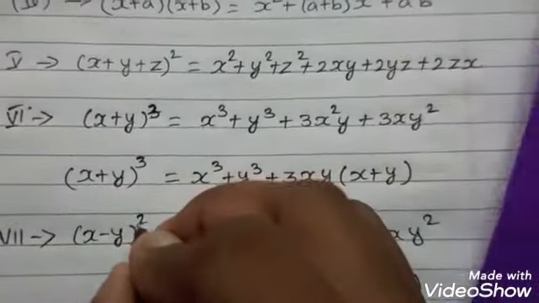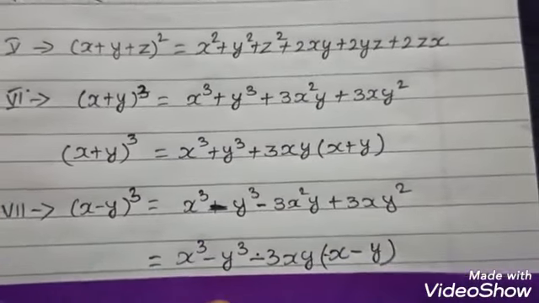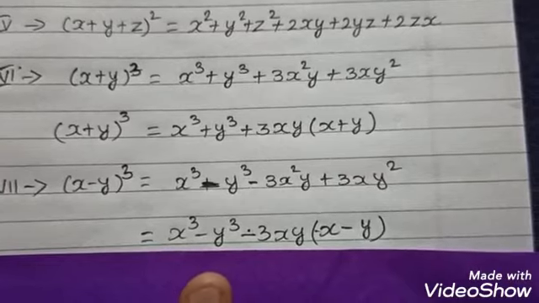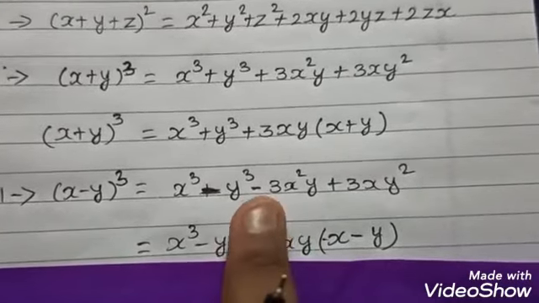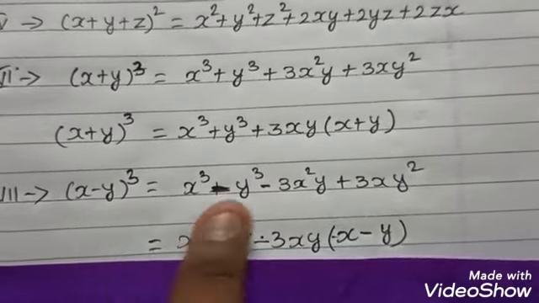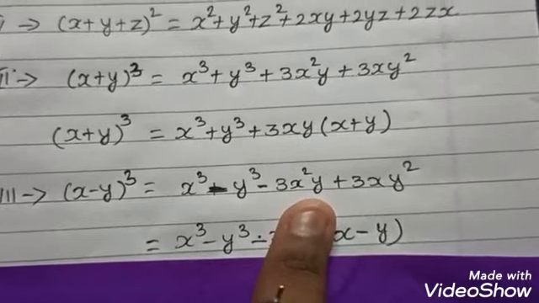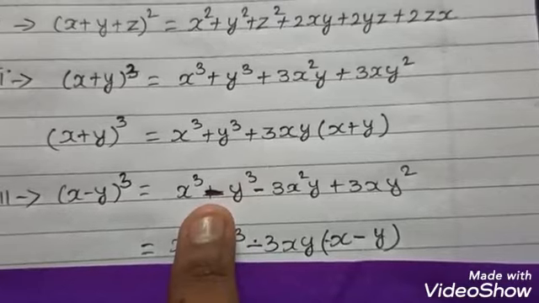The same way, (x minus y) the whole cube. The expansion is x cube minus y cube minus 3x square y plus 3xy square. Why do I put minus here? Because y has an odd power, it should be minus. When the power is odd, you get minus only.